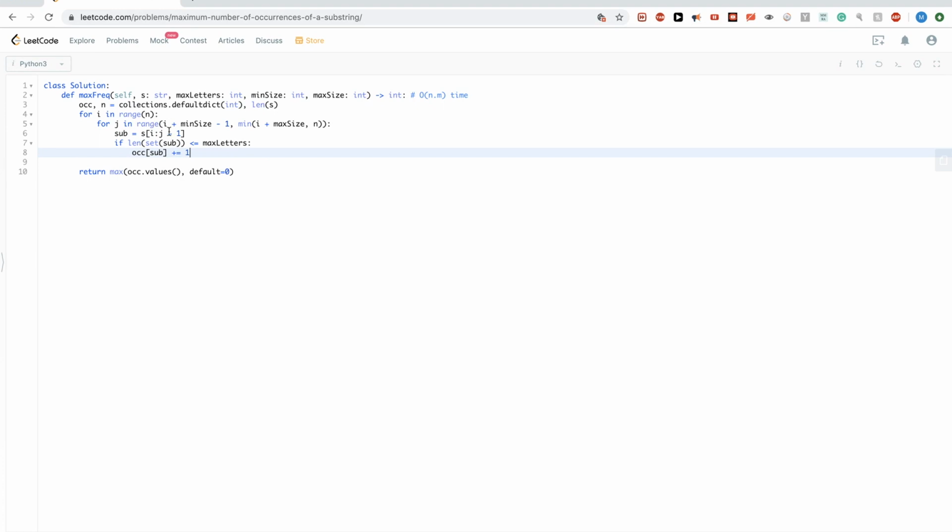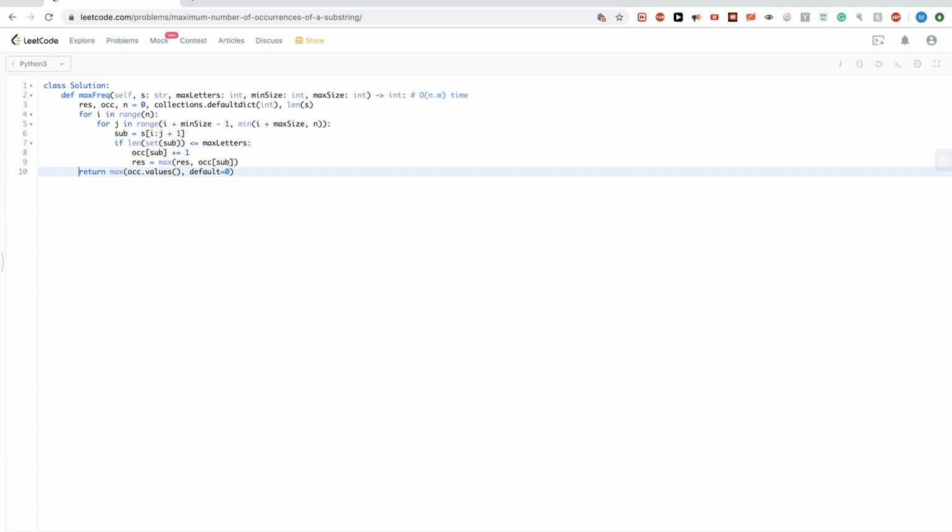So another small optimization that we can do here is we can avoid doing this max that will do a pass over all the values of the occurrences by just having some result variable here that we initialize to 0, and then at this position here, when we increment, we could just say, okay, res is going to be a max of res and the occurrences of this substring that we just increased, right?